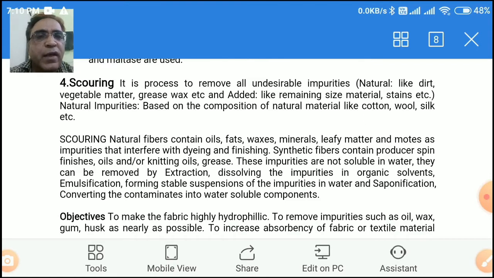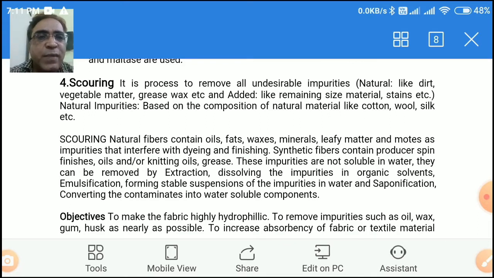Thereafter, in the next wet process, we discussed desizing, in which the size material, specifically starch, is removed. So in the desizing process, we are removing the size materials, meaning starching, destarching.